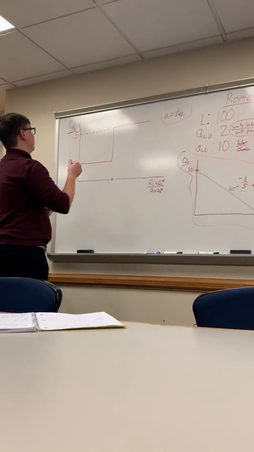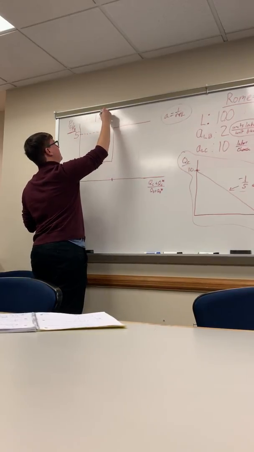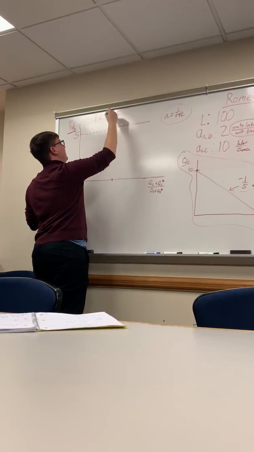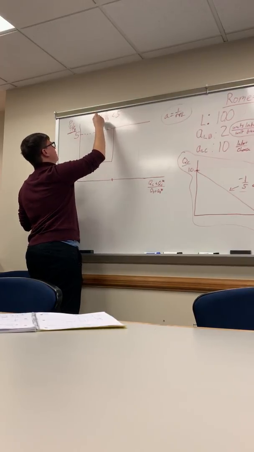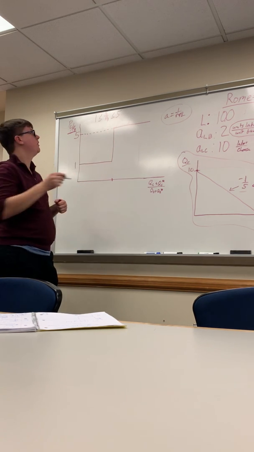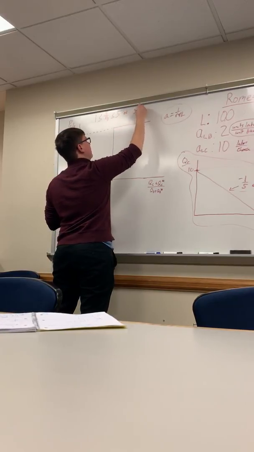So I guess actually we should make this explicit. We should say 1 is less than PC over PB is less than 5. Less than or equal to. Or 1/5.